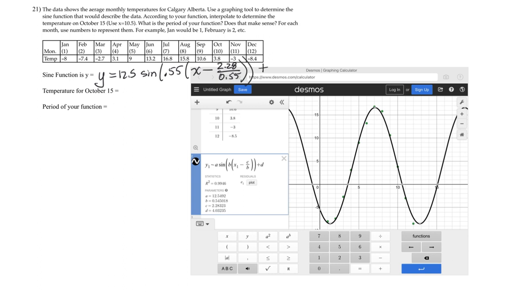Bracket plus d is 4.03. So if they ask for the sine function, that is the function that seems to follow that pattern.